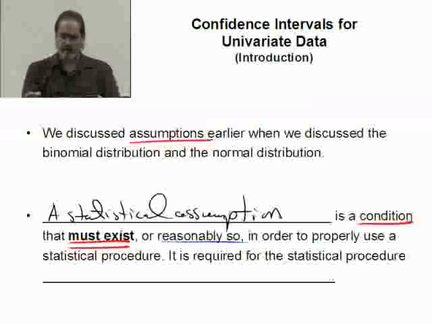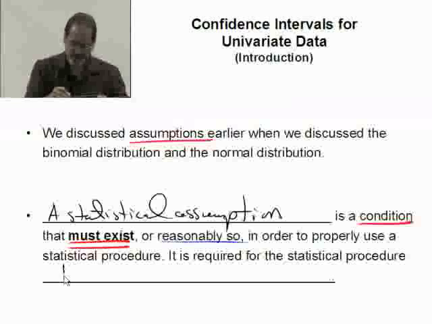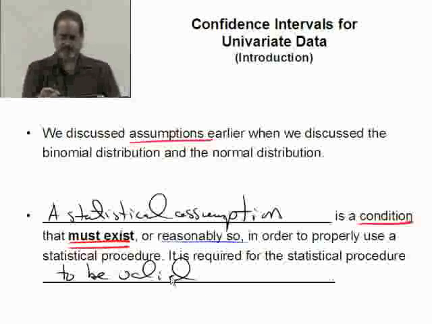It's required for the statistical procedure to actually be valid. All these procedures have assumptions. In other words, they have a certain set of criteria that have to be met in order for the procedure to be valid. So whenever we use a distribution, whenever we use one of these techniques, we need to justify why it's valid. And one of the reasons is not just to prove to someone reading our report that it was valid, but to make sure ourselves that we did the right thing.